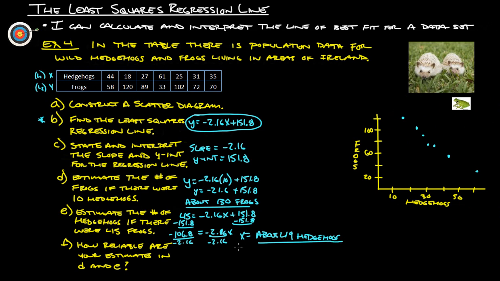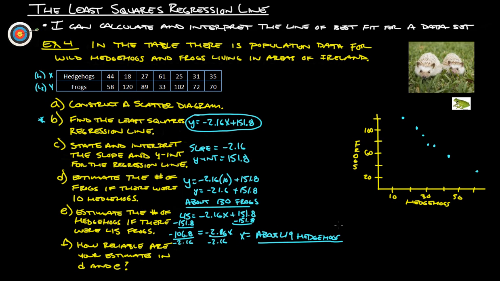Okay. And then how reliable are your estimates in D and E? For D we had 10 hedgehogs. That officially is extrapolation because that's outside of our lowest x data point. But it should still feel pretty reasonable here.